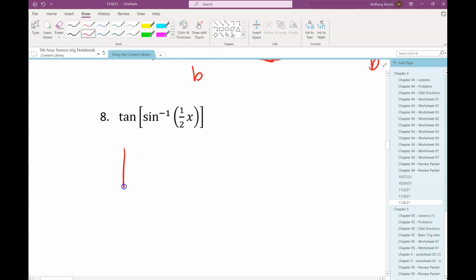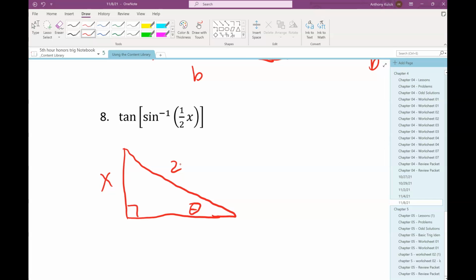Start by drawing our picture. So we're again working from the inside out. So sine is opposite over hypotenuse. You good with that? Because 1/2 x is just x over 2 still, right? So if I do the Pythagorean theorem, we can find this b.